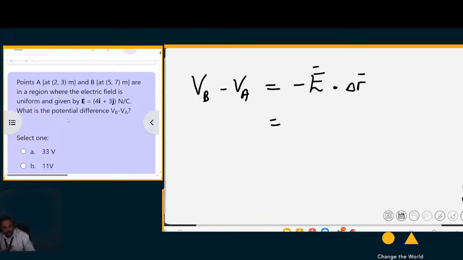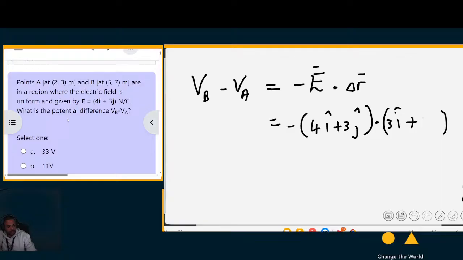And we already know that the electric field is equal to 4I hat plus 3J hat, and we just worked out that the distance between these two points is 3I hat plus 4J hat. If you are getting lost here, you need to go and review some of your work.